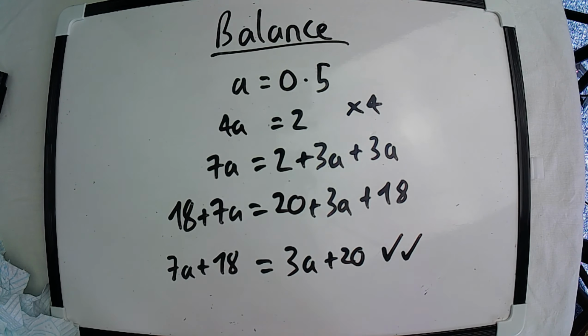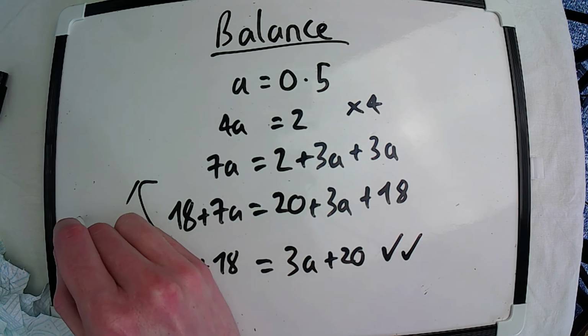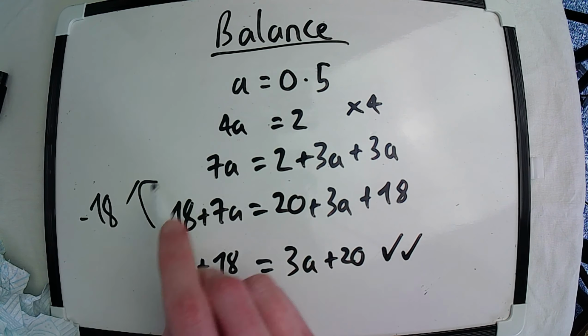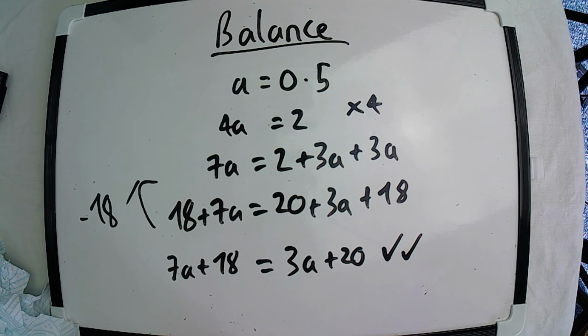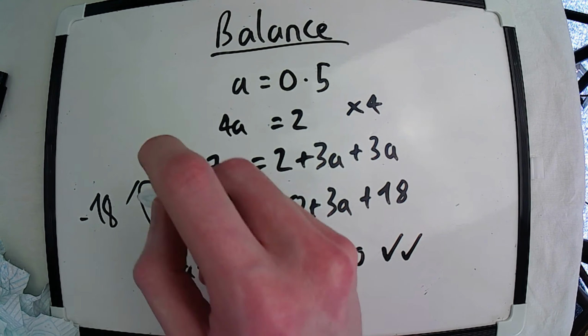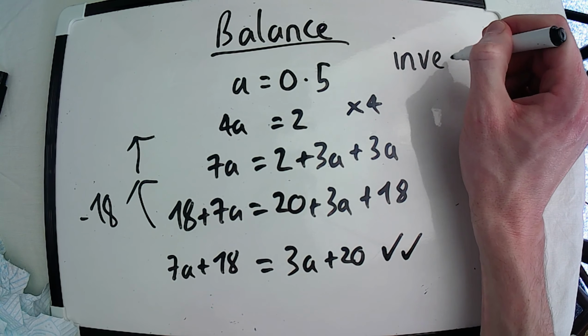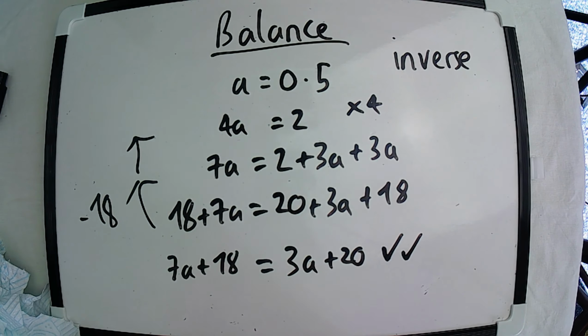Now to solve these equations, which is what we're about to do, you just do the opposite. So rather than add 18, we would subtract 18. And you would get the previous stage. So we go from 18 plus 7a equals 20 plus 3a, subtract 18, to get 7a equals 2 plus 3a. Then continuing to do the opposite, the inverse, the opposite of adding 3a is subtracting 3a.